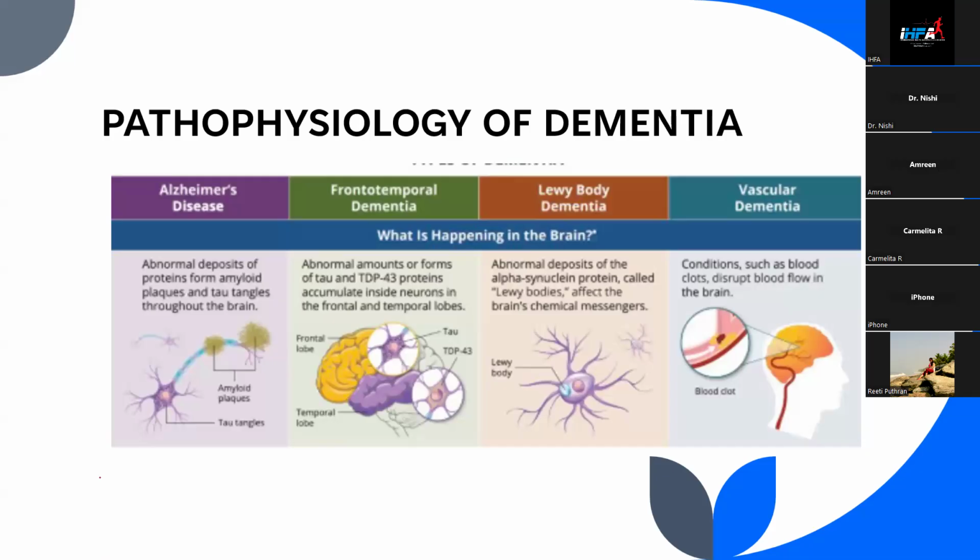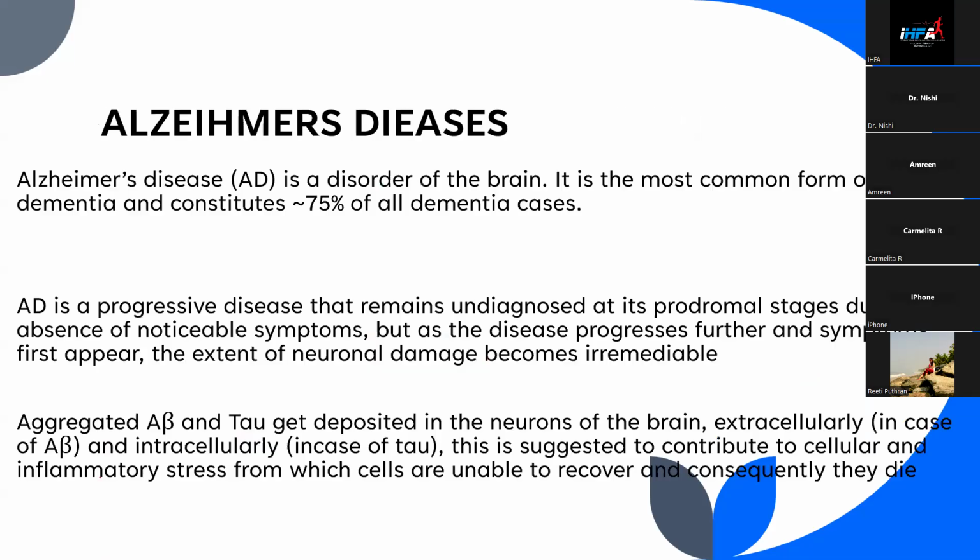Once they start developing, they send bad or wrong chemical signals to our brain, and because of this the entire brain function is affected, and because of which the physical function is also affected. Clear? Yes, ma'am. Thank you.